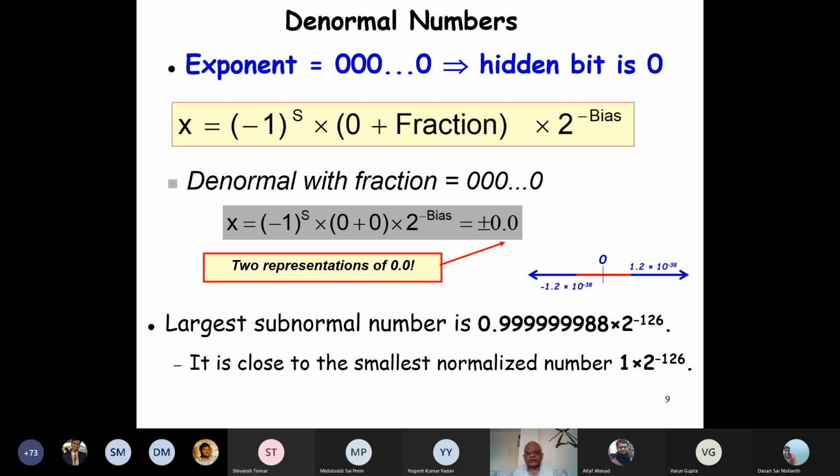So whenever we see the exponent is all zeros, assume that the hidden bit is 0. So it becomes this format. Whenever the exponent is all zeros, we have 0 plus fraction, and then with the sign bit, and the bias becomes 126.